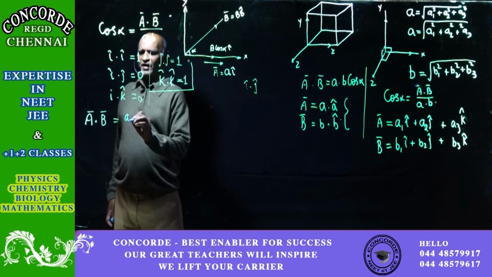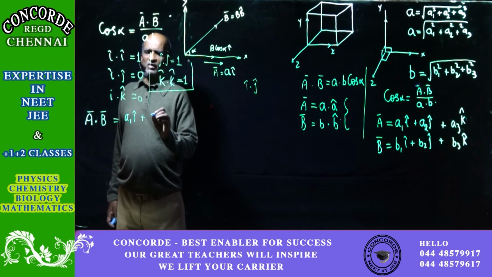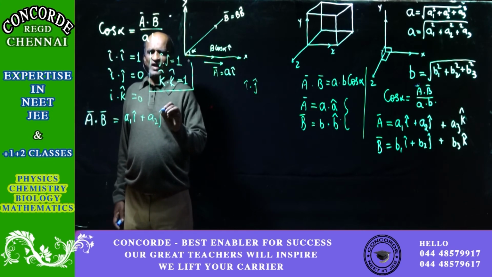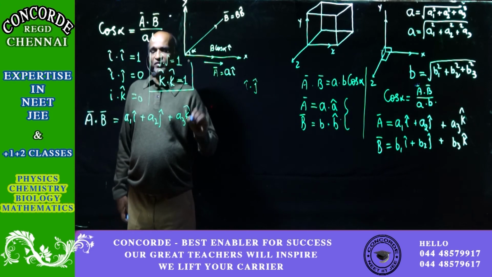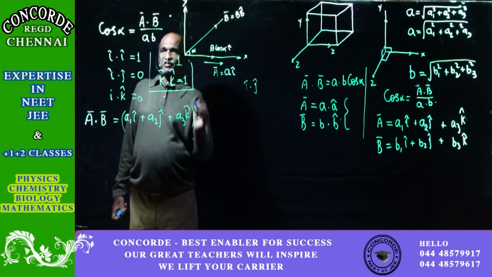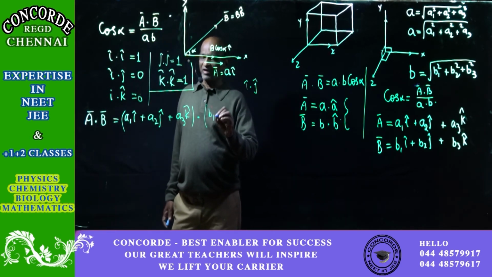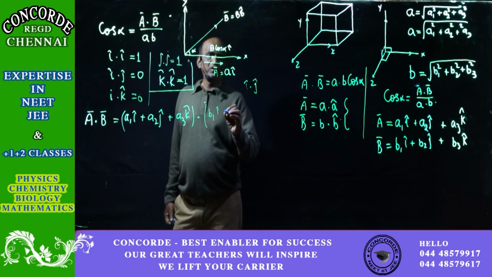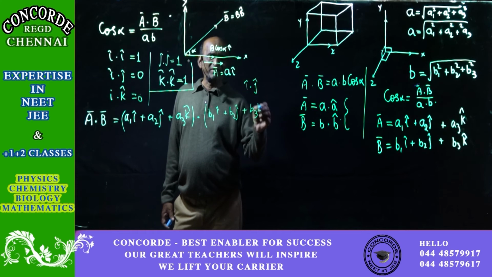It is equal to A1 i cap plus A2 j cap plus A3 k cap, dot, multiplied by B1 i cap plus B2 j cap plus B3 k cap.